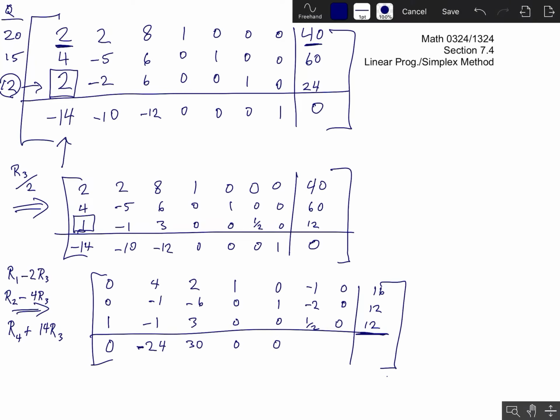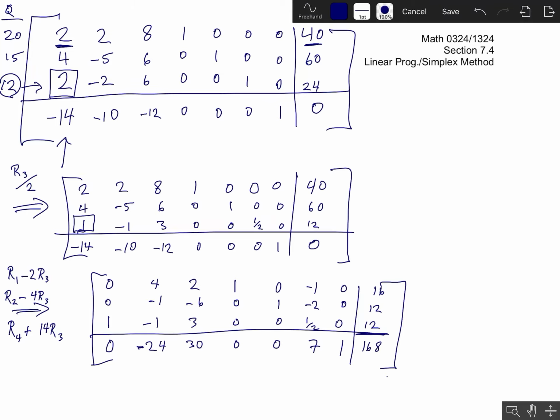And then this one would be a 0, a 7, a 1, and then, what's 12 times 14? 144 plus 24. So I guess 168. Okay, so this is what we end up getting as our next simplex tableau.